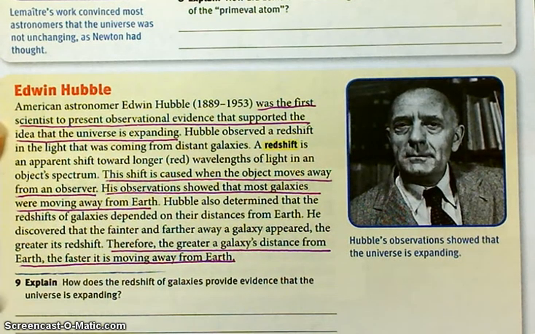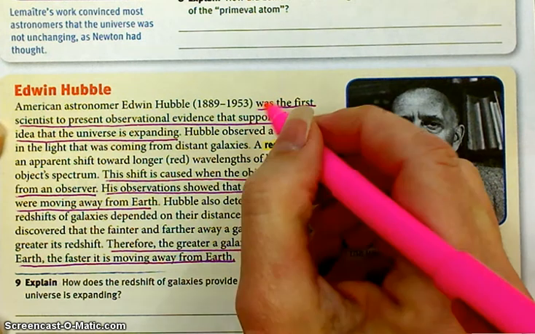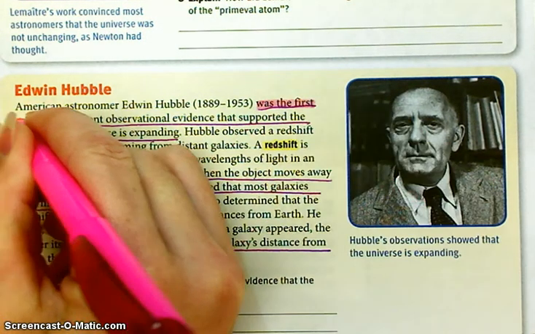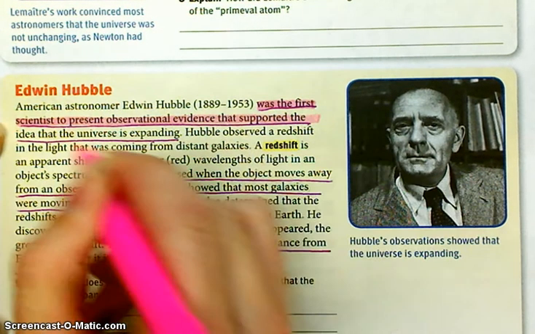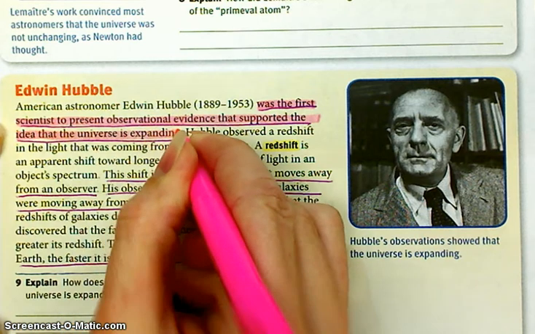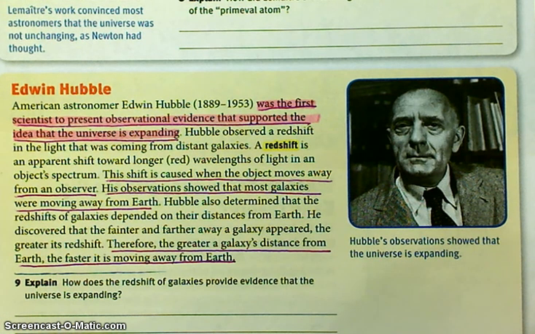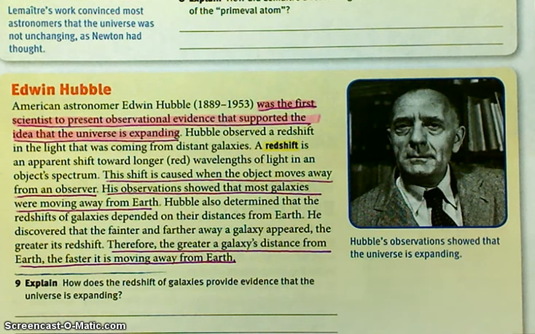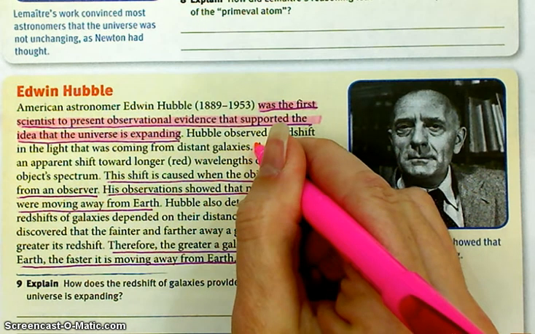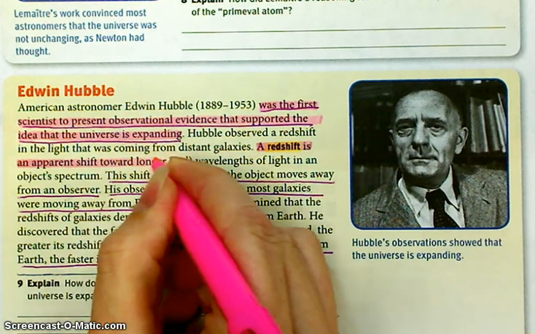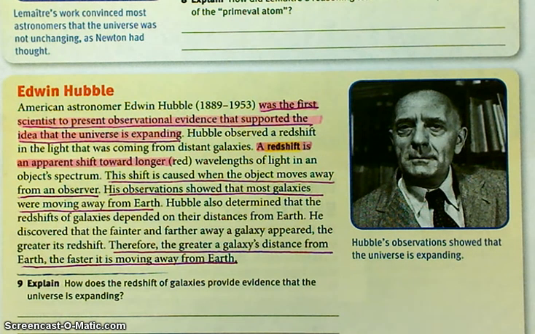Then Edwin Hubble was the first scientist to present observational evidence that the universe is expanding, meaning he looked at galaxies and he observed that most galaxies demonstrated a redshift. Remember redshift from the last lesson?